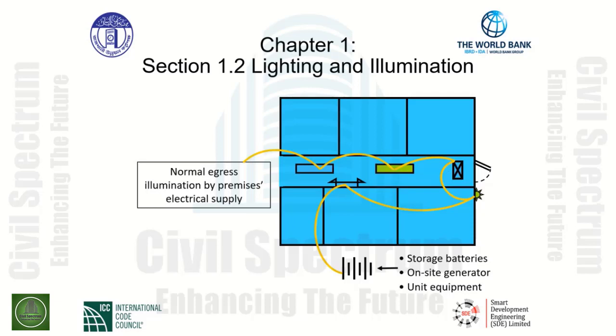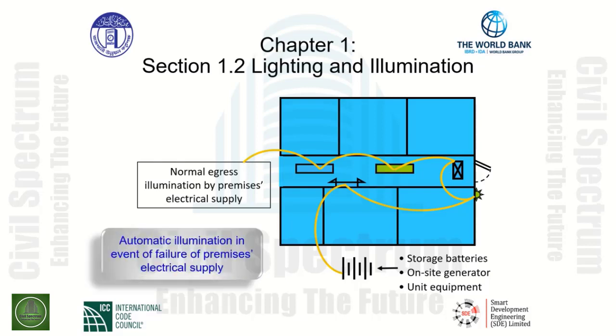The illumination of exit signs and the lighting of the means of escape and exit access shall be powered by an alternate or emergency electrical system as indicated. With respect to the graphic below, we have a graphic explaining the wiring for this escape lighting.